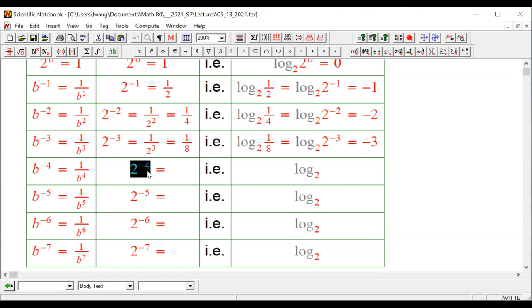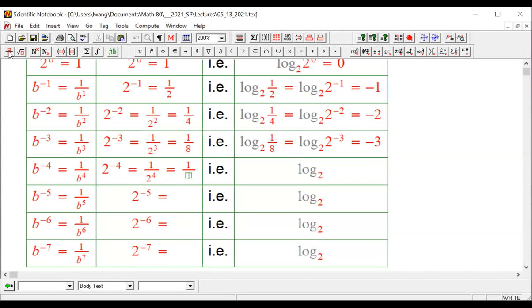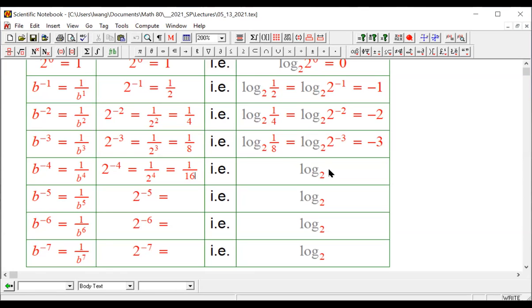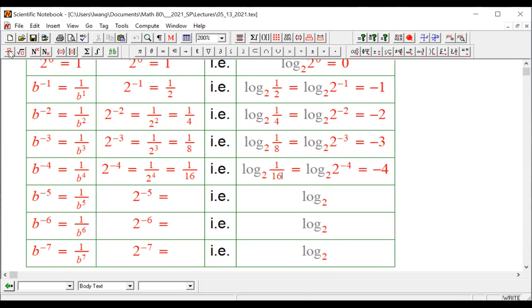Okay, 2 to the power -4 is 1 over 2 to the power 4, equals 1 over 16. So over here, you will write 2 to the power of -4 equals 1 over 16. Of course, you can also write it as log base 2 of 1 over 16 is -4.